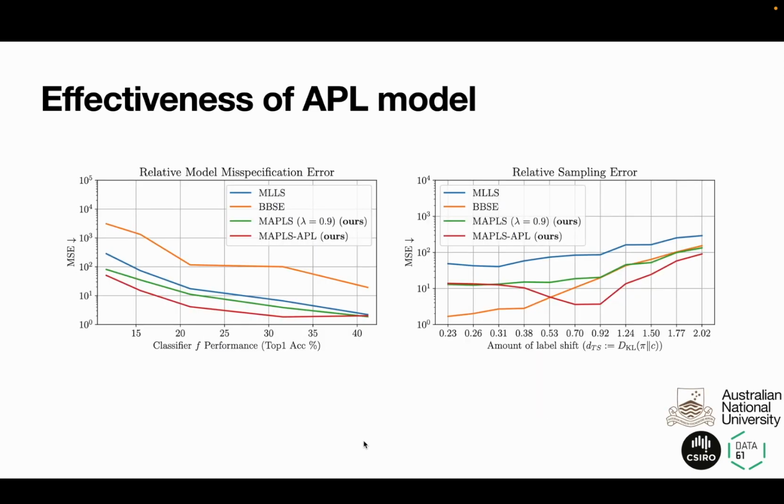We empirically justify the effectiveness of our APL model. As shown in the figure, our MapLS model with fixed lambda outperforms other models in many settings. Our MapLS model with lambda learned by our APL model can further reduce the label shift estimation error.